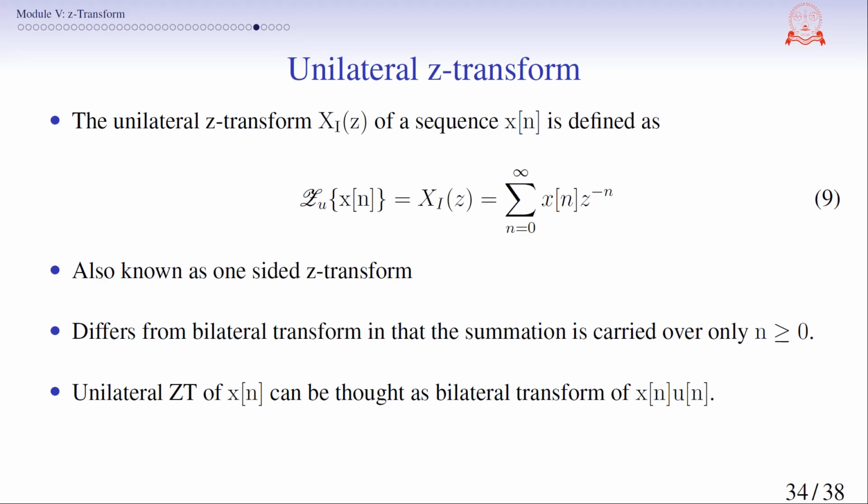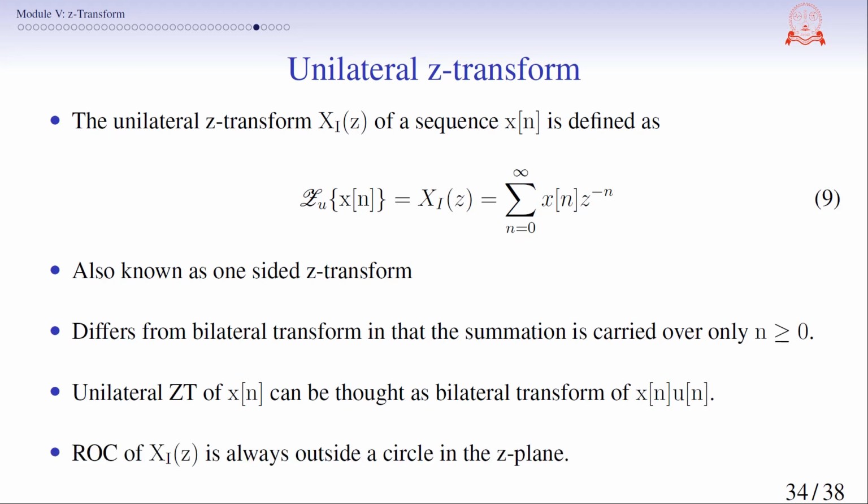So the unilateral Z transform of x of n can be thought of as a bilateral transform of x of n into u of n, or for the anticausal part, it is x of n into u of minus n minus 1.